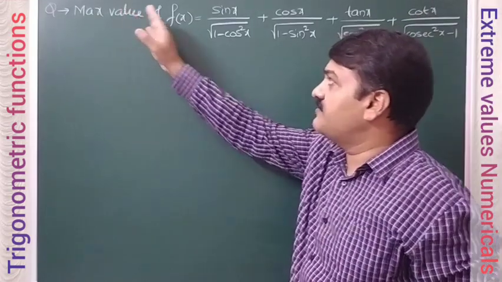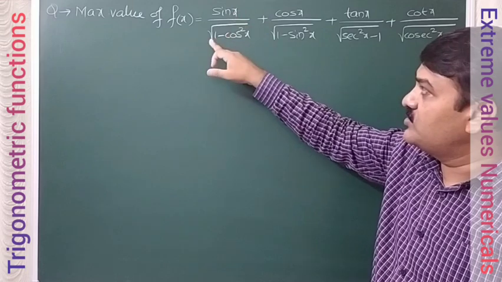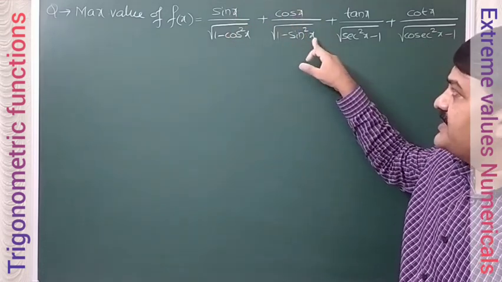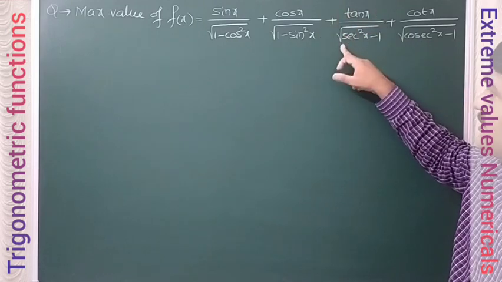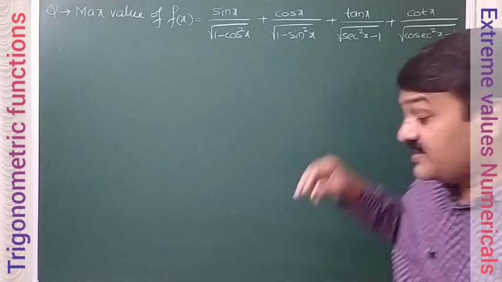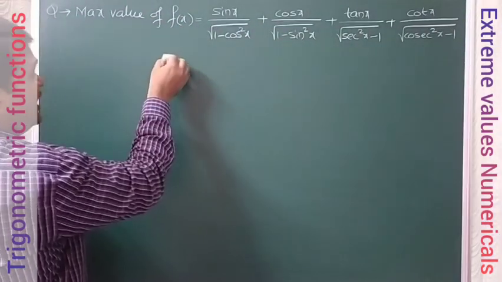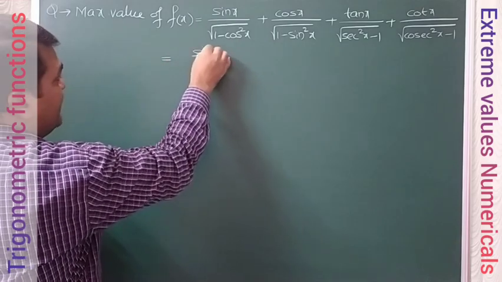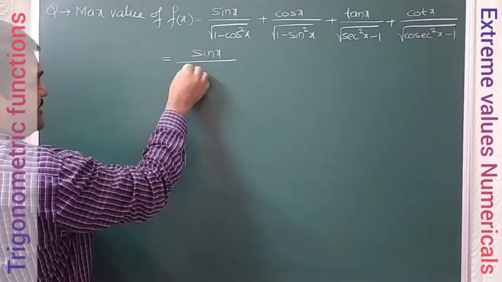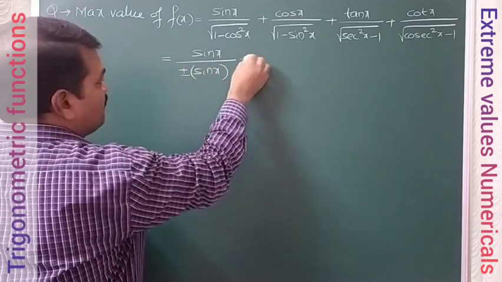Maximum value of f of x is equal to sin x by under root 1 minus cos square x plus cos x by under root 1 minus sin square x plus tan x by under root secant square x minus 1 plus cot x by under root cosecant square x minus 1. So using identities, sin x by under root sin square x, which we can write as plus or minus sin x.